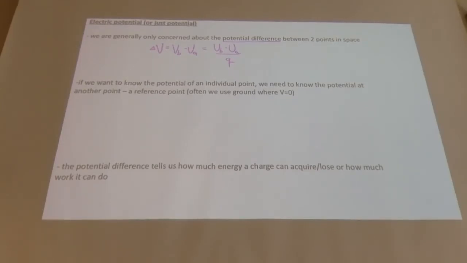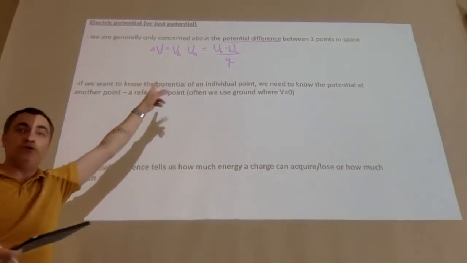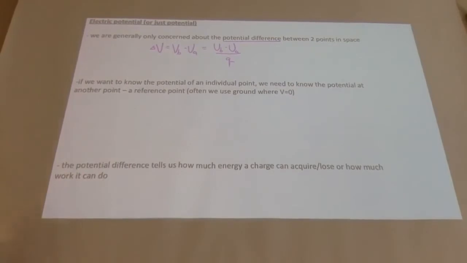Since typically we're dealing with a potential difference, if I don't care how much the difference is between here and here, and I want to know the potential at just one of them, the only way for me to get this is to know the potential at one of those two points. There is a way that we commonly do this. We pick a reference point, known as ground, which is perhaps something you've heard of before.